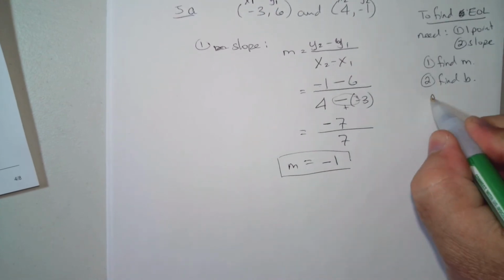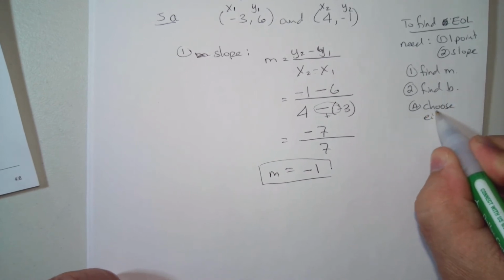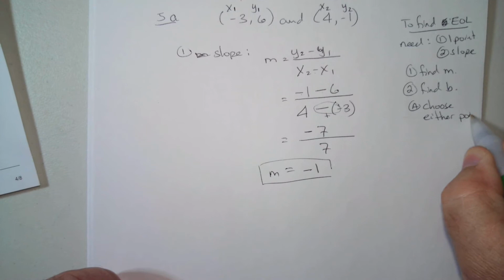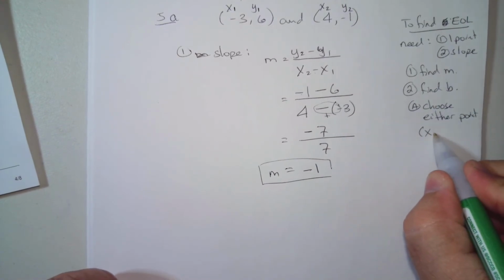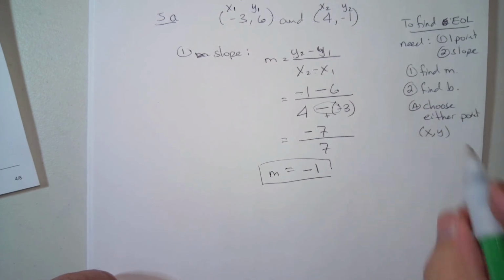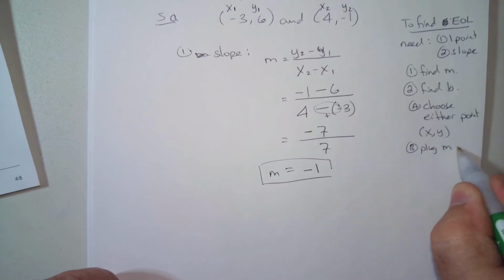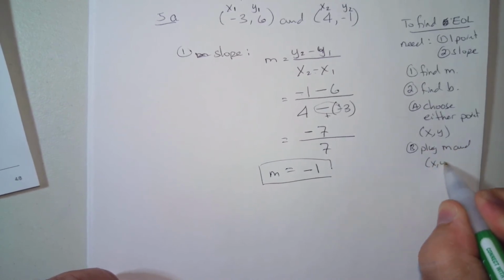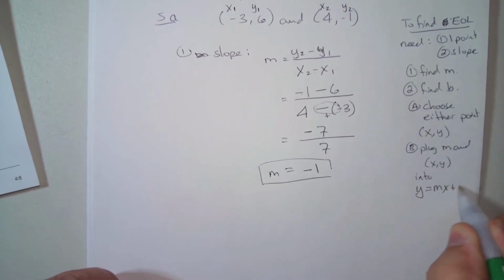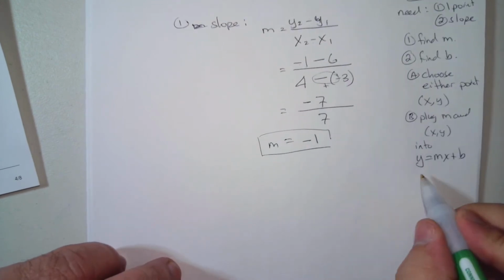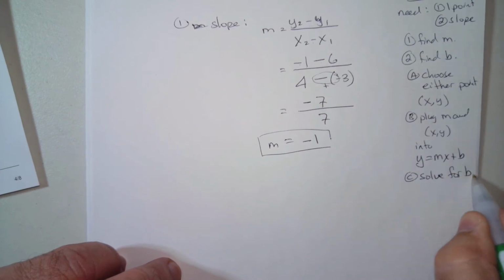The way we do that is choose either point, plug m and the values of your point into y equals mx plus b, and then solve for b.